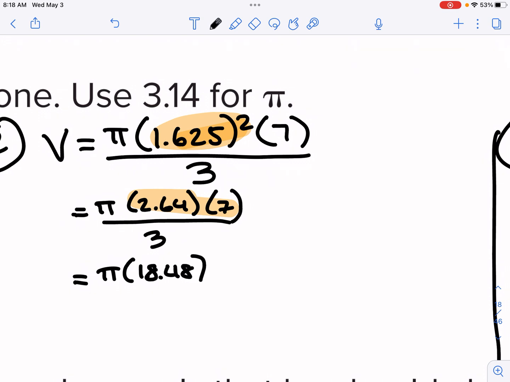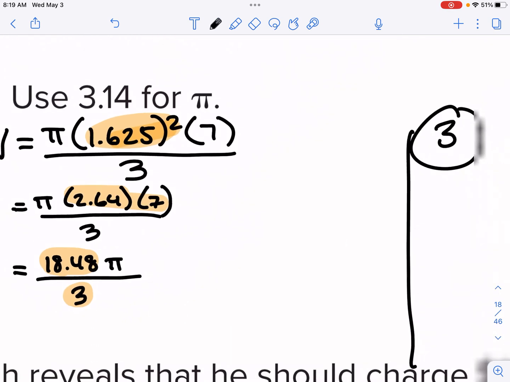18.48. You know, I should have actually written that at the front. Let me rewrite this. 18.48 pi divided by 3. Just remember, you can multiply this by pi and then divide by 3, but I'm actually just going to divide by 3 starting out. And we can actually do this by hand.